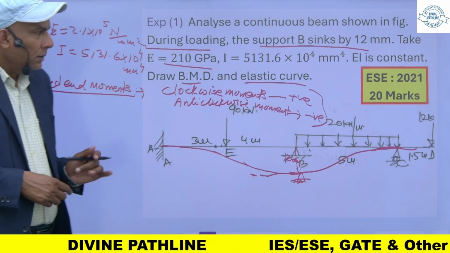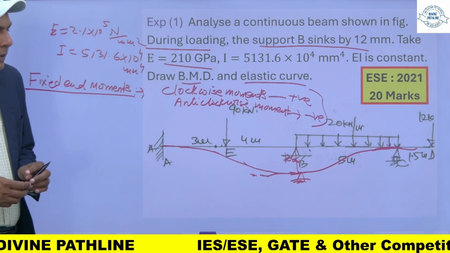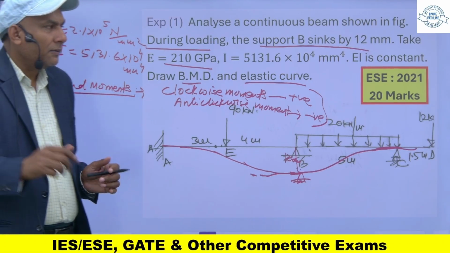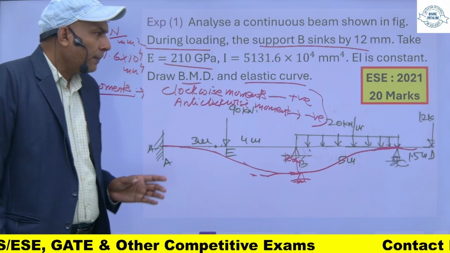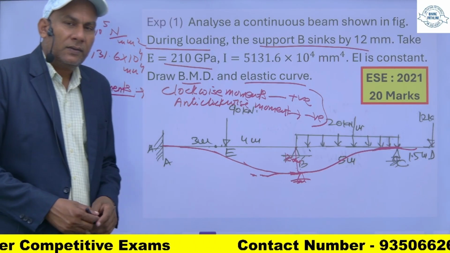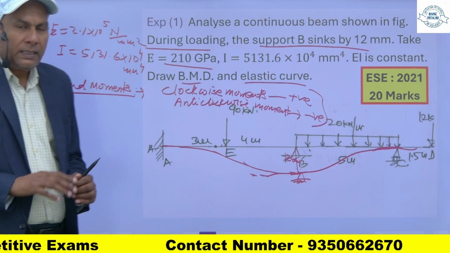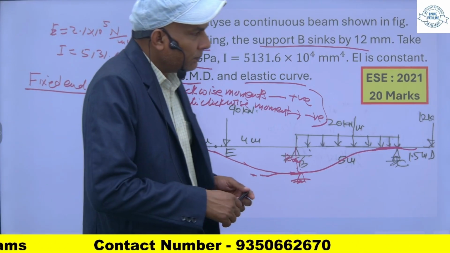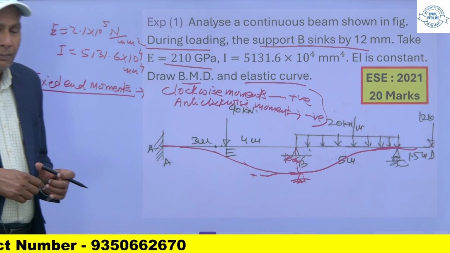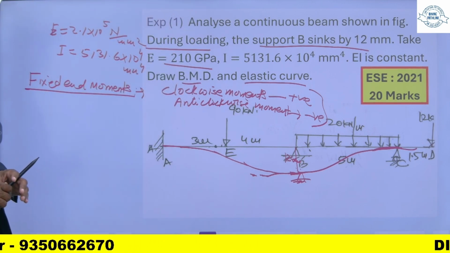So in this analysis, when we plot the moment distribution table, in order to avoid confusion, this is a simple notation: clockwise moment will be positive, anti-clockwise will be negative. Forget about the sagging hogging concept until you come to the final point of drawing the final bending moment diagram.